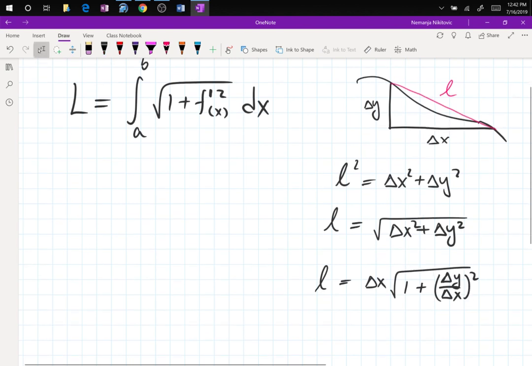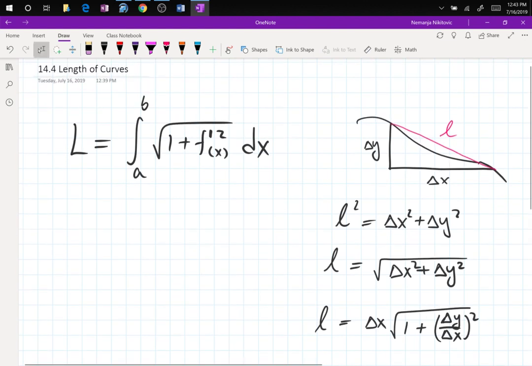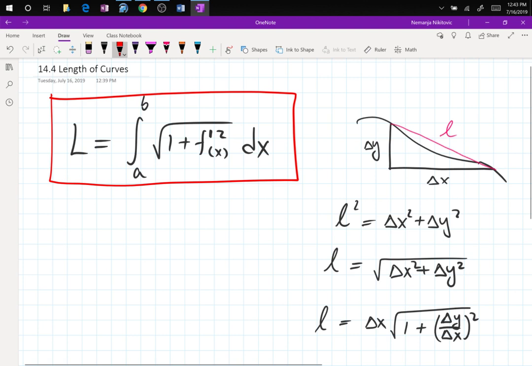And you already see the feature of our formula, because when you send the number of these representative rectangles, delta x widths, to infinity, this delta x here becomes the dx for the integral. It turns into the formula. So it's a 3 step derivation from Calculus 2. This is Cartesian coordinates, rectangular, in 2D.